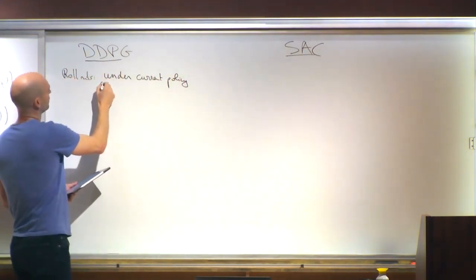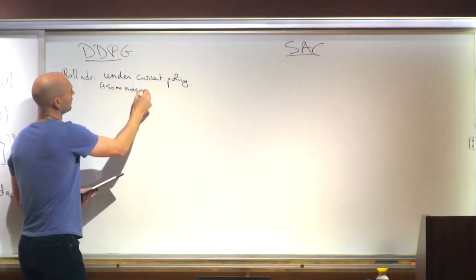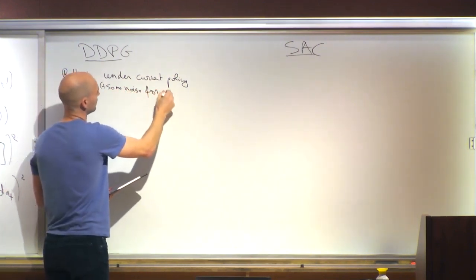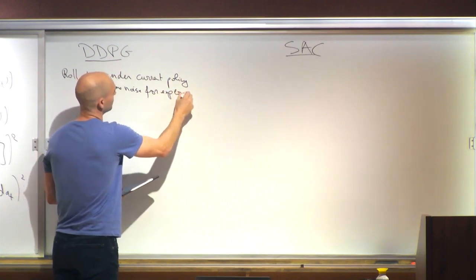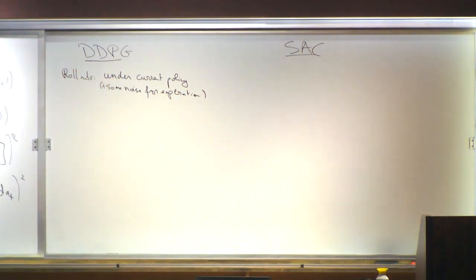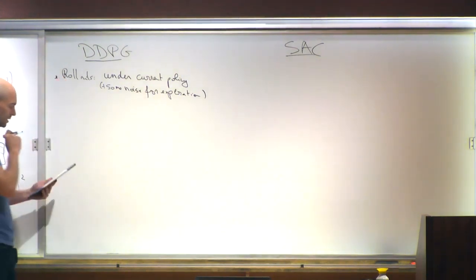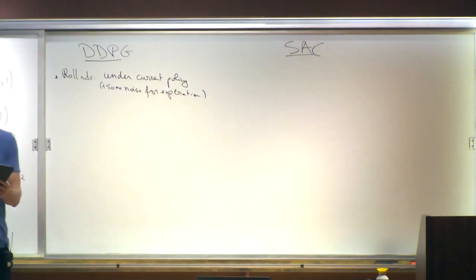And there'll be some noise for exploration. So a lot like Q-learning, you mostly follow what the Q values describe, and then every now and then some noise. Now, the updates we do here are going to learn a Q function that is the Q function of the current policy.